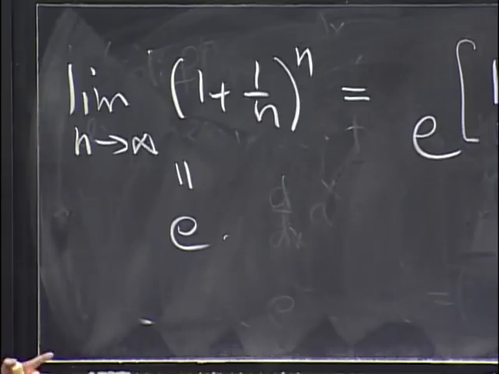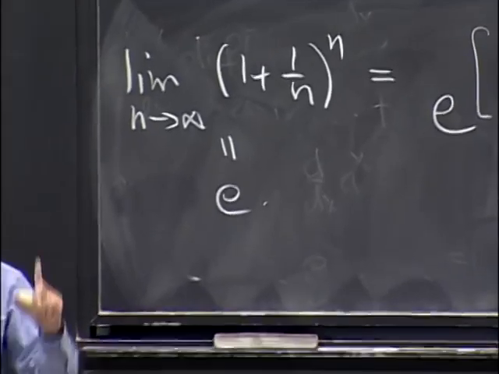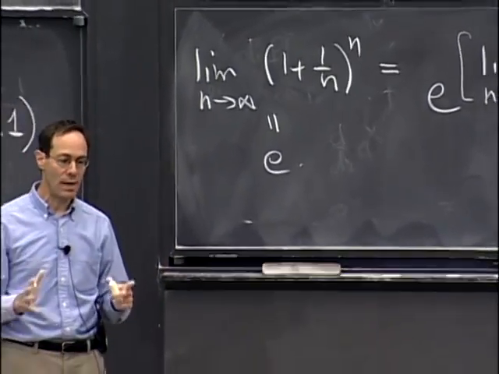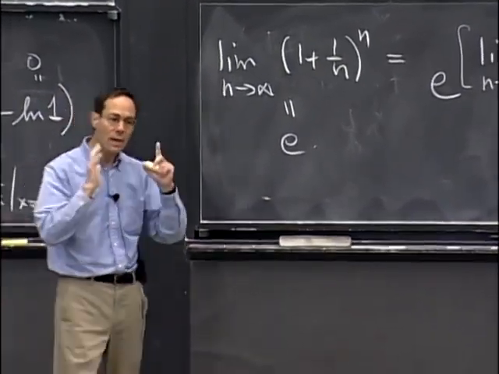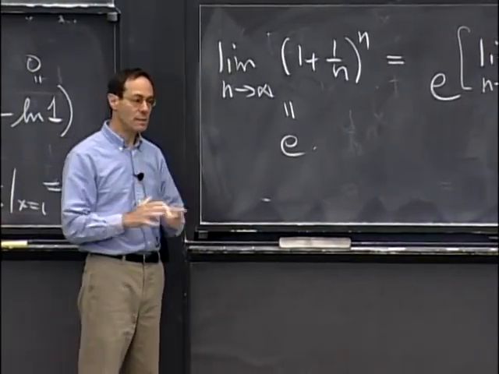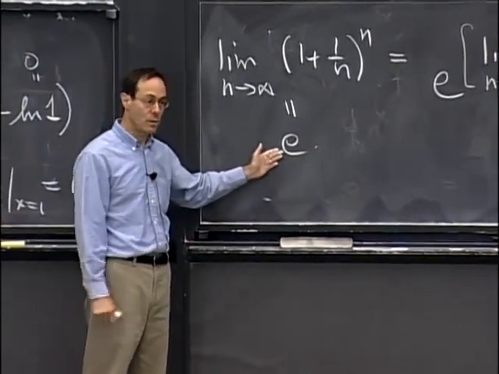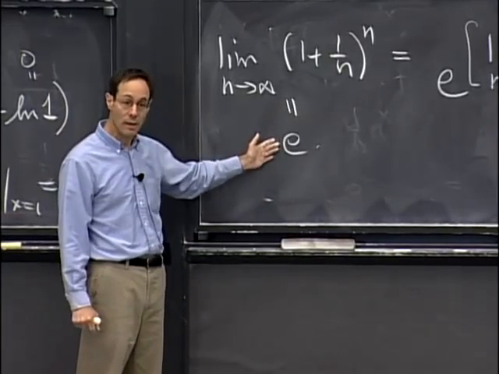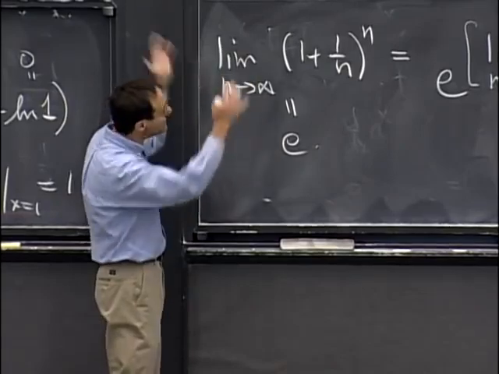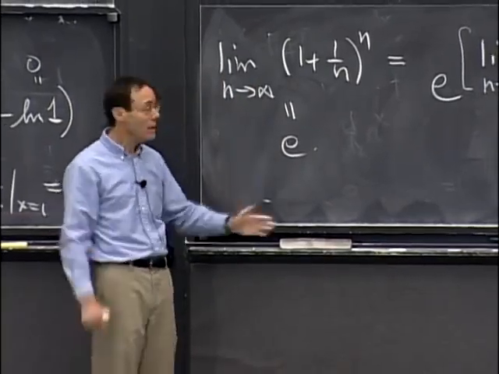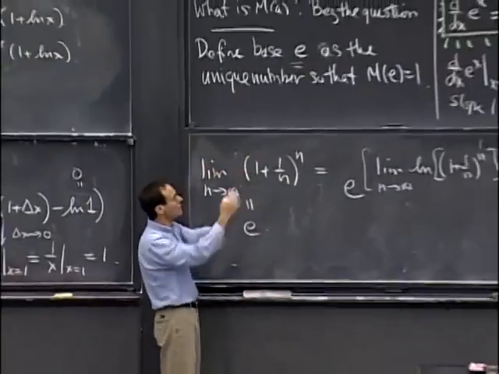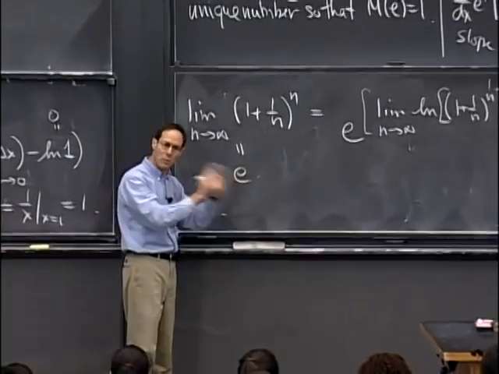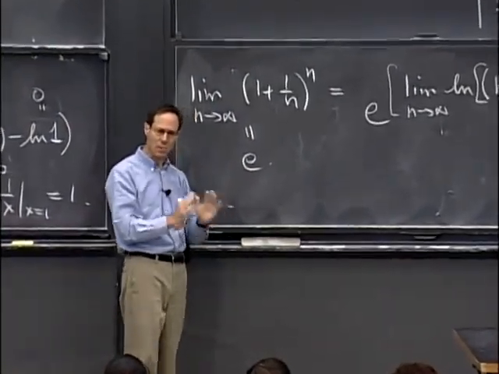So I claim that with this step, we've actually closed the loop finally, because we have an honest numerical way to calculate e. There are many such ways, but this one is a perfectly honest one. We had this e, we didn't know exactly what it was. It was the inverse of the logarithm, and so on. We have all that stuff, but we really didn't need to nail down what this number e is.